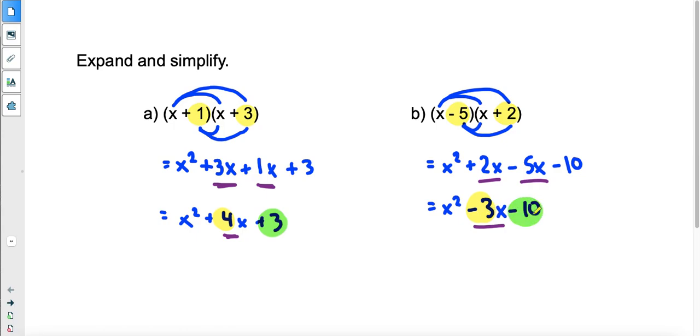So essentially, my numbers inside the brackets multiply to give me the number at the end, and add to give me the number in the middle in front of the x.